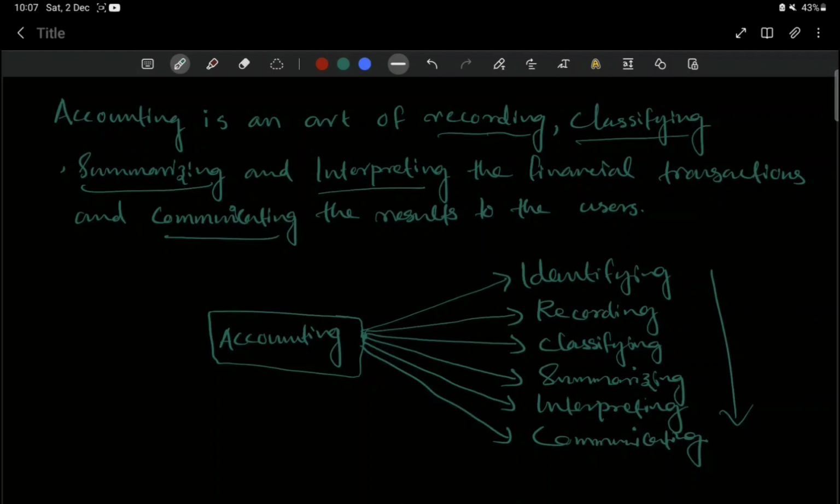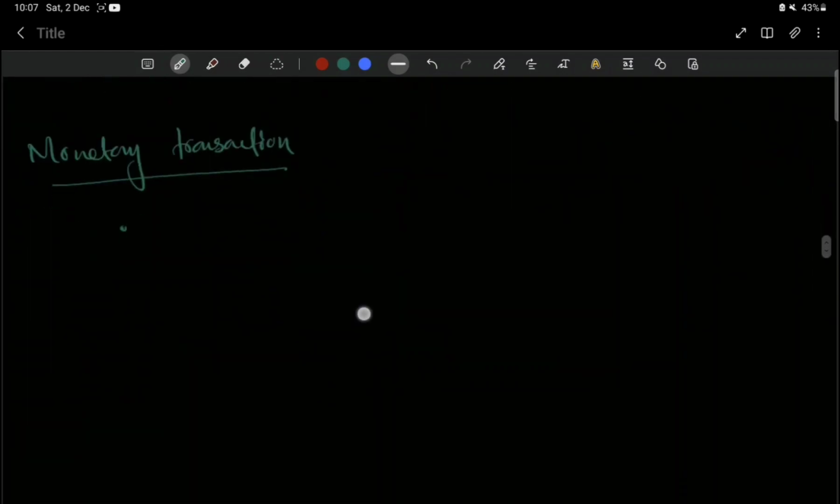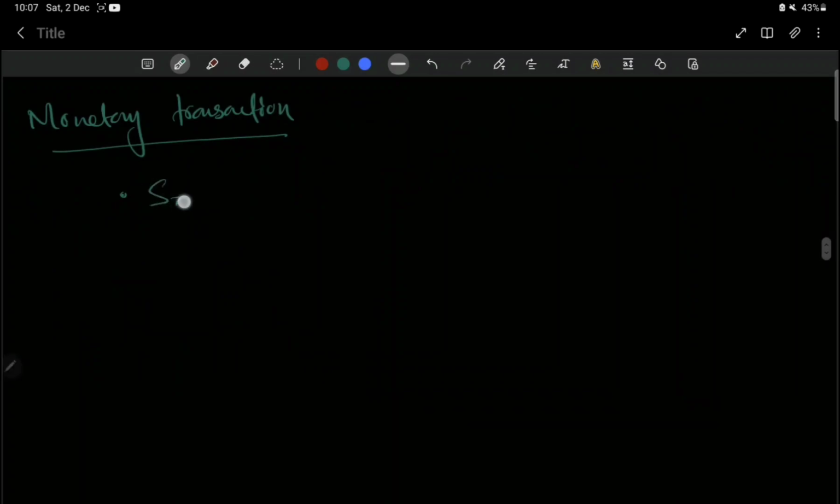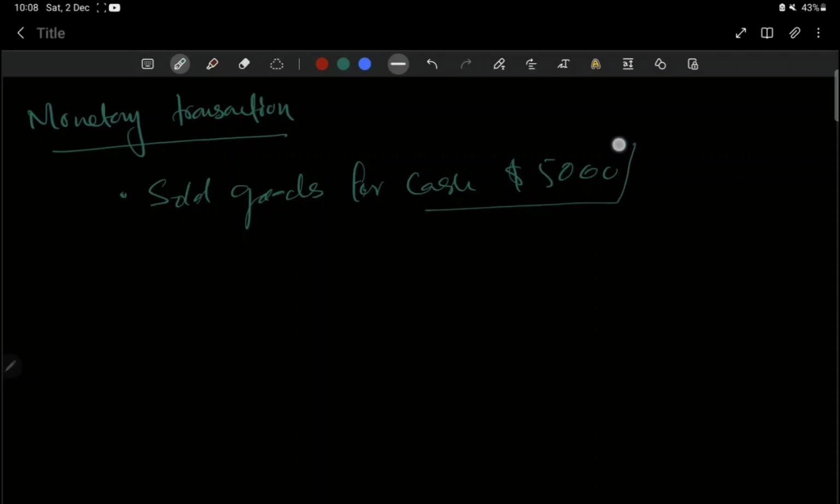So this involves identifying the transactions and events that are part of economic activity. For example, we can take a monetary transaction like sold goods for cash $5,000, right? Here we can understand that this is a monetary transaction. Some money is involved in that. So what is a non-monetary transaction?